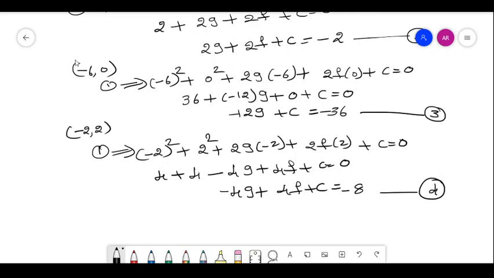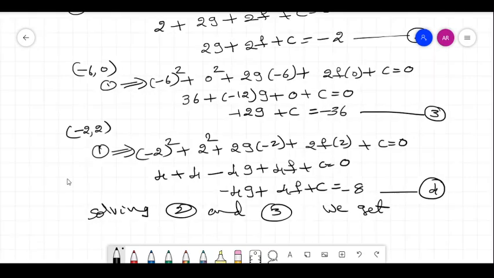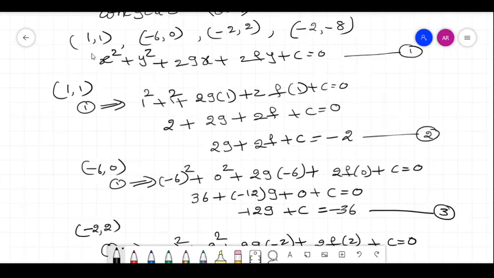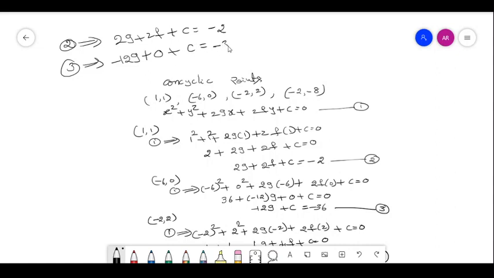Solving 2 and 3: the second equation is 2g plus 2f plus c is equal to minus 2, and the third equation is minus 12g plus, there is no f value, so that is 0, plus c is equal to minus 36.